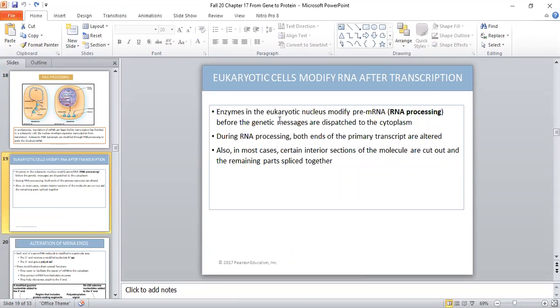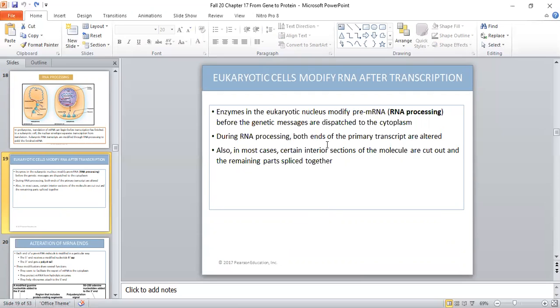Now there are some enzymes which are required for RNA processing. So what is pre-messenger RNA? Pre-messenger RNA is an RNA which contains both exons and introns together. So you have to cut out the introns and unite the exons together, then it will act as active messenger RNA.